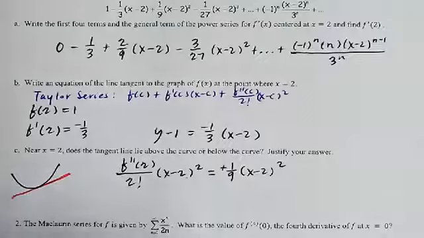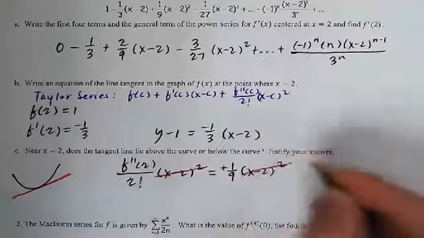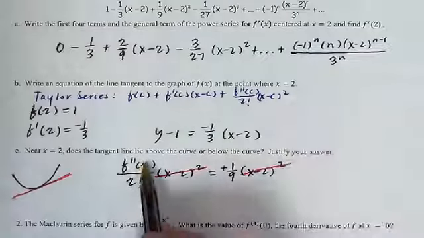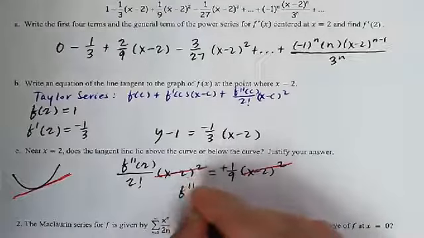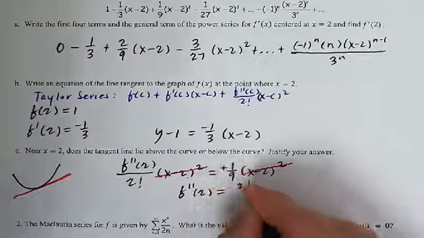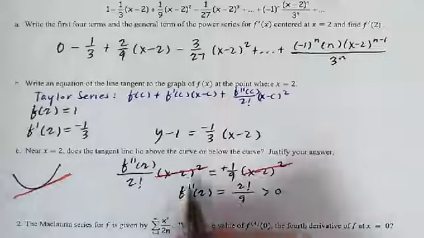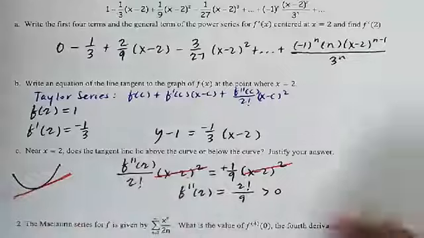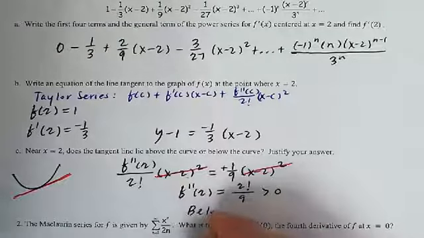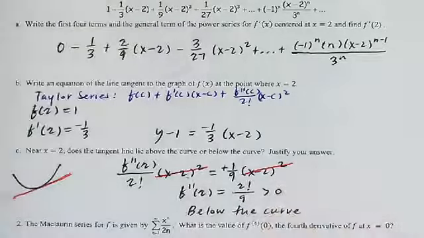Not considering these x minus 2 squares, I could solve for f double prime of 2 by multiplying both sides by 2 factorial. So f double prime of 2 is equal to 2 factorial divided by 9, which is a positive number, meaning f is concave up at x equals 2, and its tangent is below the curve, because the second derivative is positive.